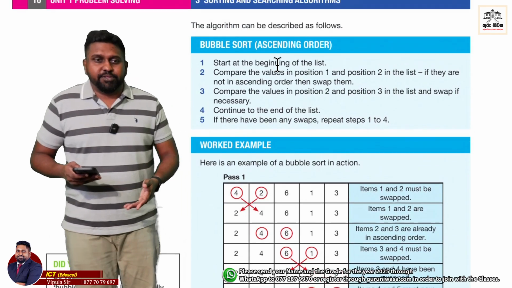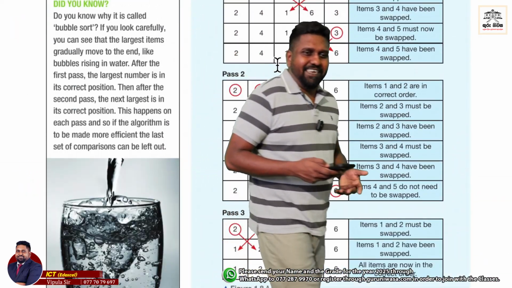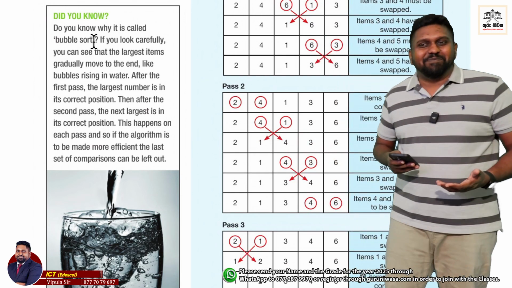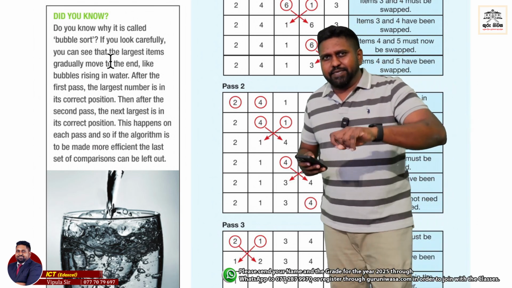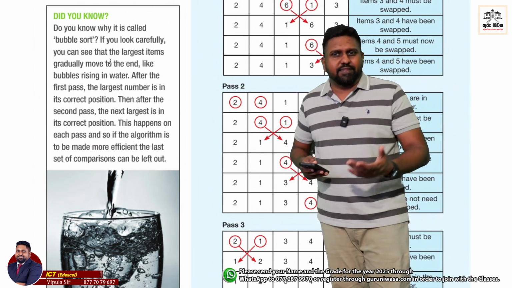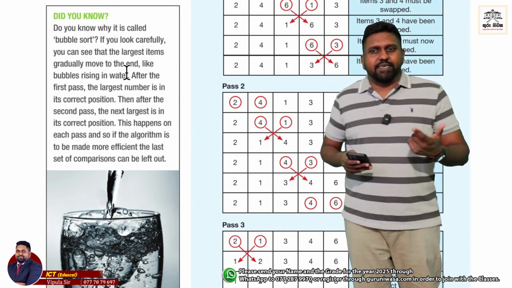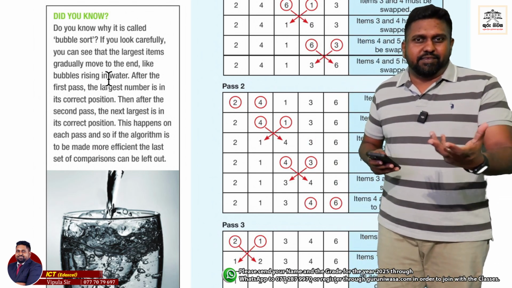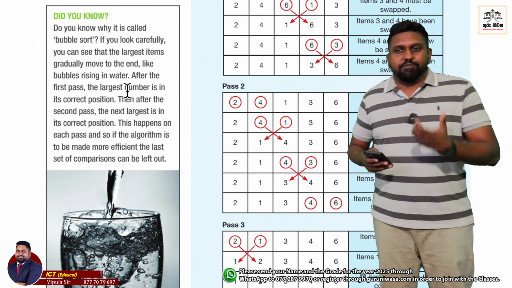The reason it is known as bubble sort is this: when you pour some water into a glass cup, you can see that the largest items in the cup of water gradually move up.